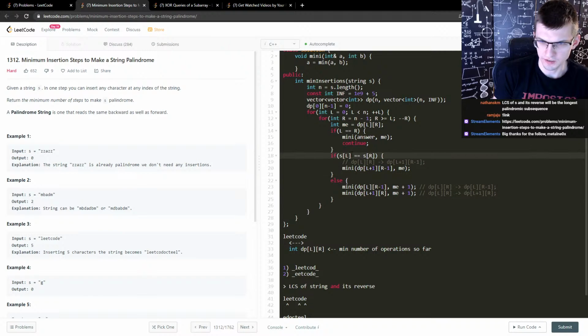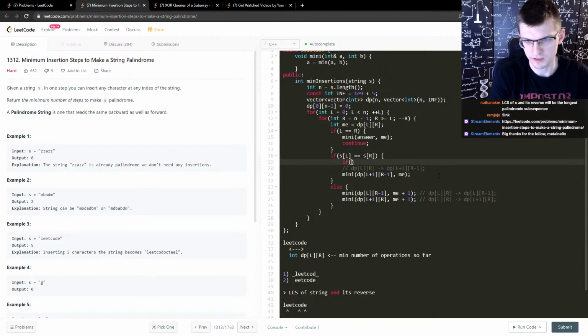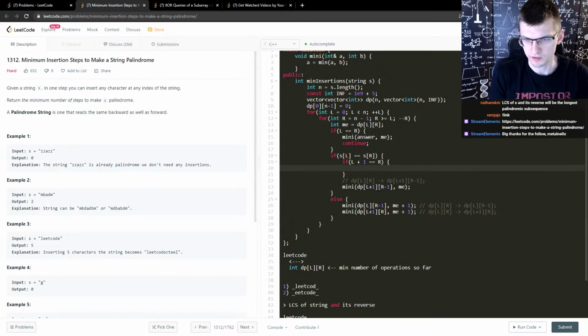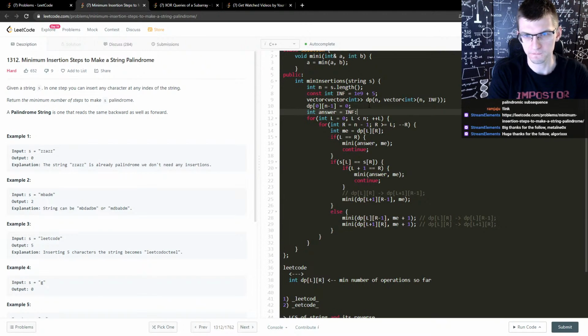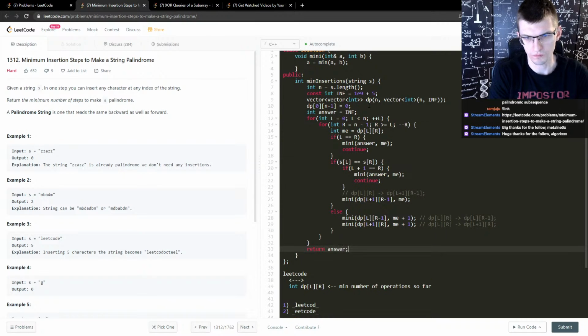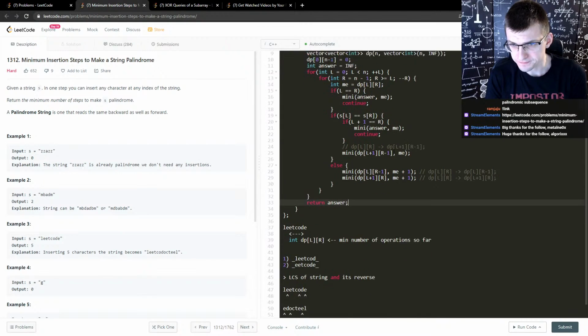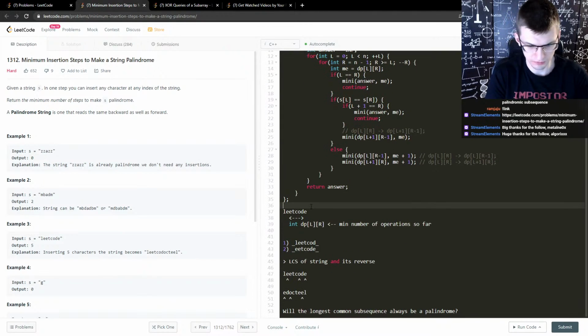But in this case, if they are equal, maybe let's say if this is the case, actually this value exists, but whatever, minimize the answer with me. And now it should be good. I don't think I will get any other kind of out of array errors. Good. I hope so.